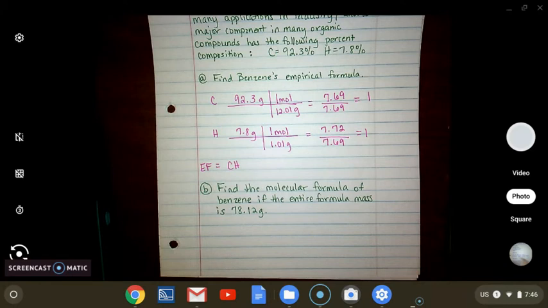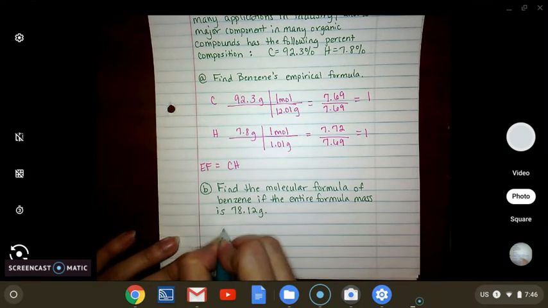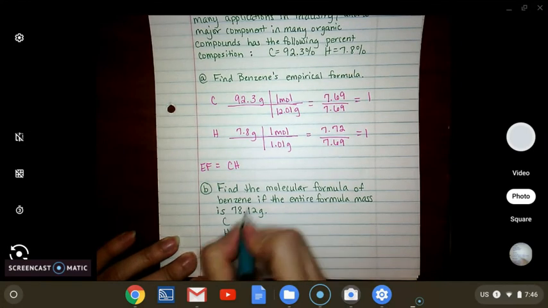So again, step 1, you're already given it because you found the empirical formula. Step 2, you're going to find basically the molar mass. So you've got carbon and hydrogen. There's 1 of each.